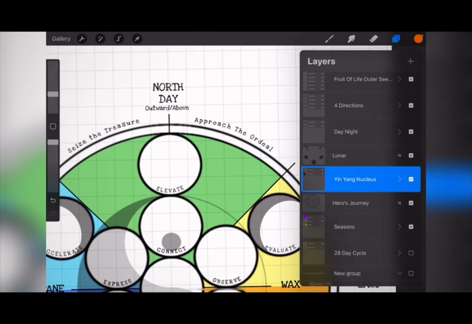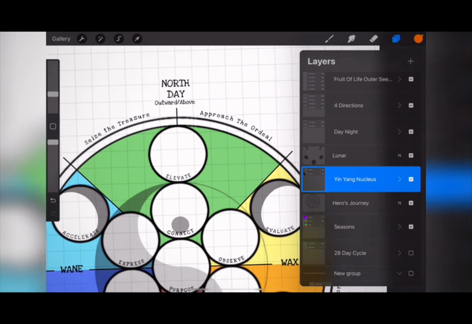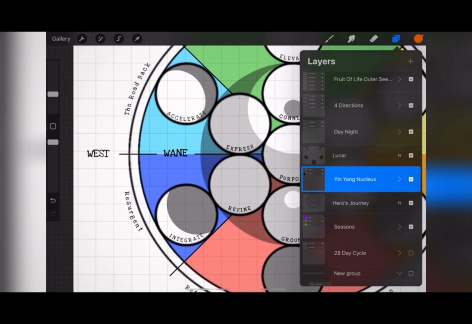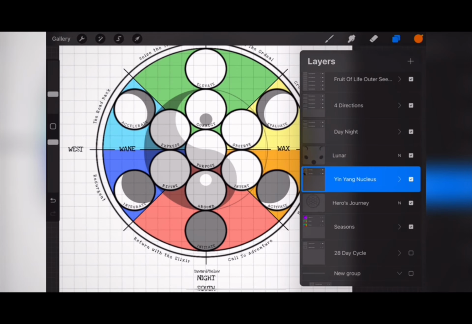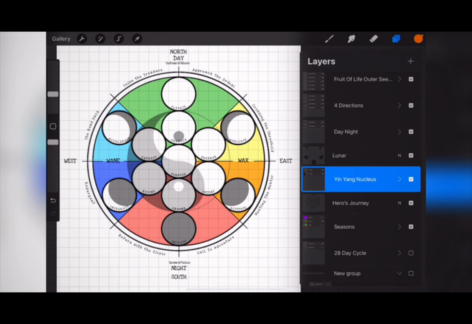And then we're coming up here to the light of day, the outward, the above, the summer solstice. This is the north. Now you're getting to elevate and seize the treasure. And then you're coming over here to the west, which is the fall. It's coming back home. Things are speeding up and you're starting to integrate. And then you return back to the new moon. So this is the color representation of the seasons and how you go through it.